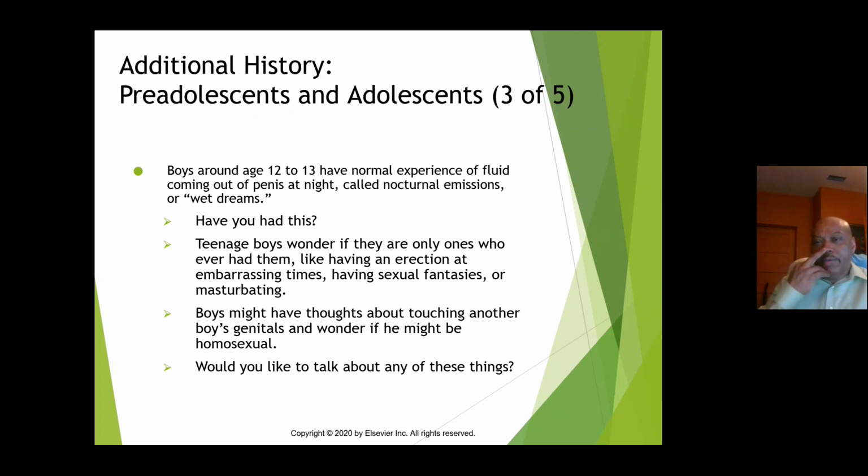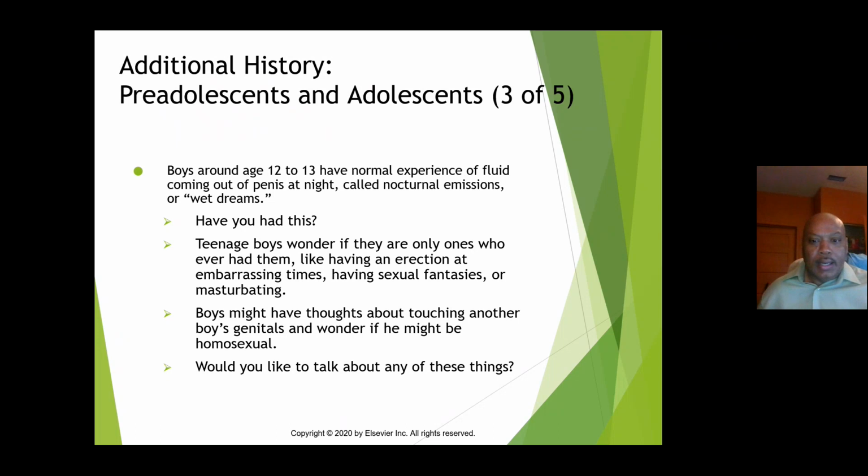You also want to assess their level of knowledge because a lot of boys will not admit that they need more knowledge. We also have to anticipate that even if they have some kind of knowledge, it may not be the correct knowledge. So it would be very important to talk to them about these things.